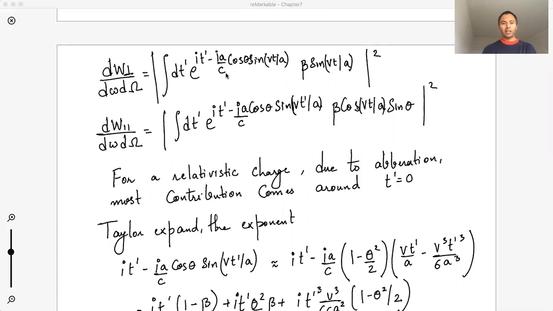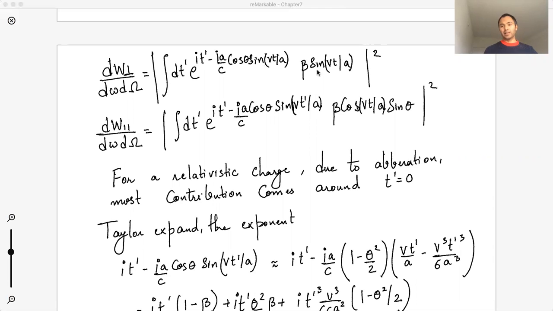Now, you have to be careful when you Taylor expand something which is in the exponent and something which is outside the exponent. So here, for the sine, I can do a first order Taylor expansion, and that's fine. But if the sine appears inside the exponent, then I have to be careful and do a higher order Taylor expansion, because you introduce a huge error by expanding the exponent to first order.